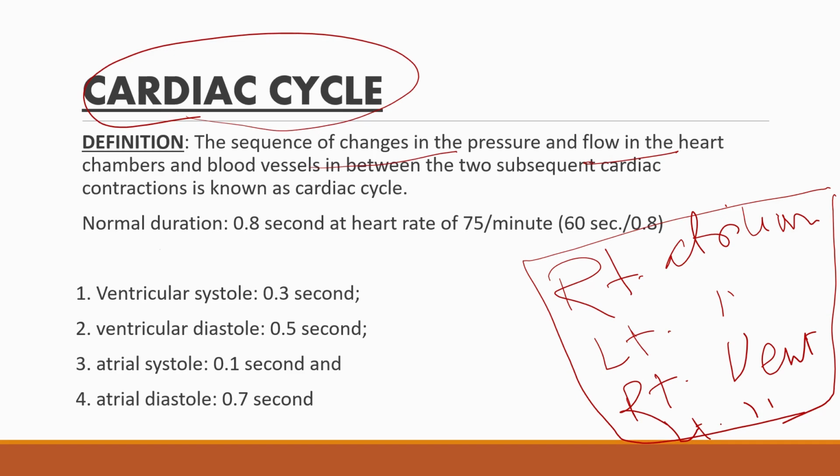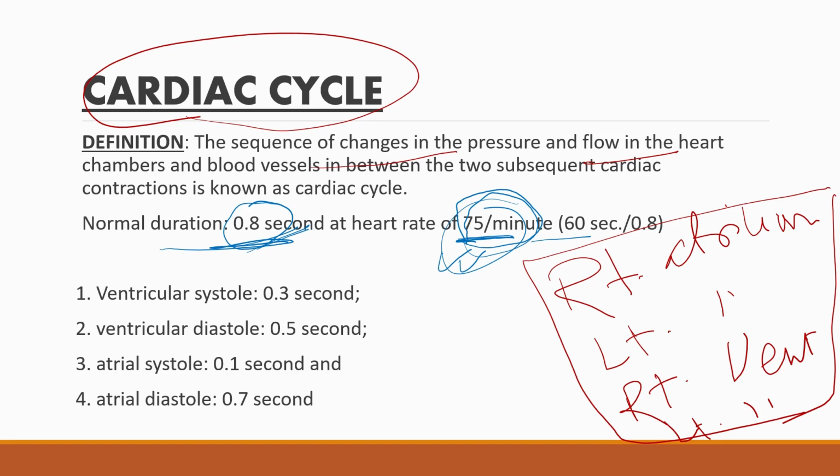Next, what is the normal duration of cardiac cycle? It is approximately 0.8 seconds at the heart rate of 75 beats per minute. It can vary person to person, but the average or the normal heart rate is nearly 75 to 80 beats per minute. Okay? So depending on this point, this time can be varied.